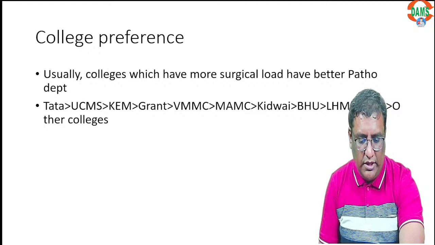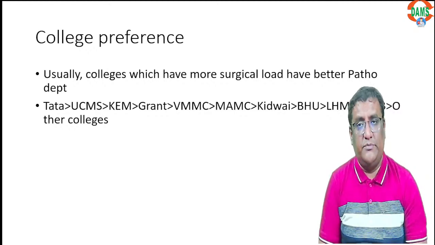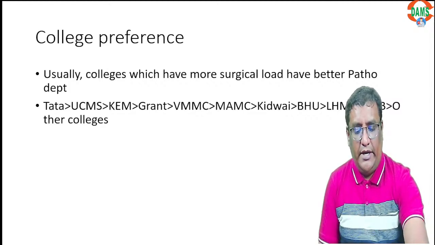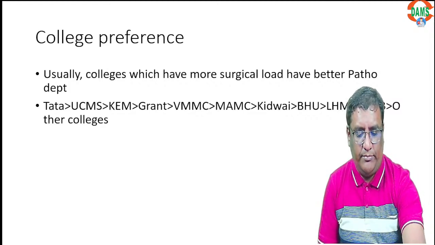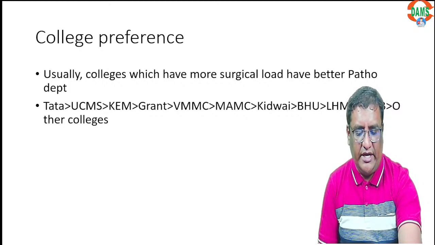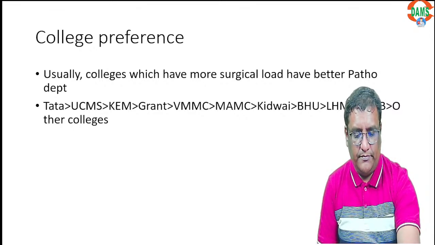Okay, so in Calcutta, I will first go with NRS, CNMC, CMC, then I'll go with SSKM. And somebody wanted Jaipur as well. So in Rajasthan, I would go with, first, of course, SMS.